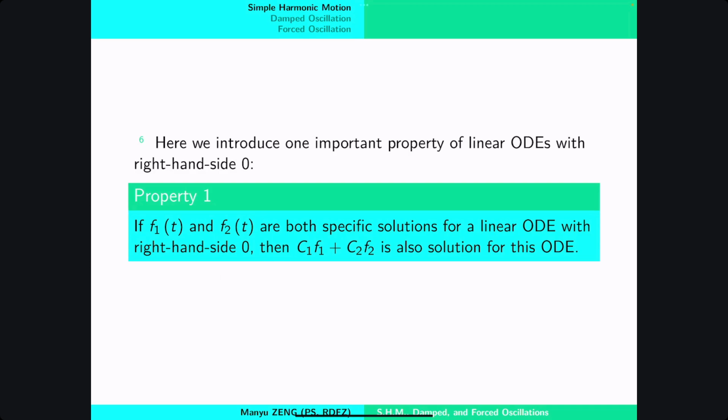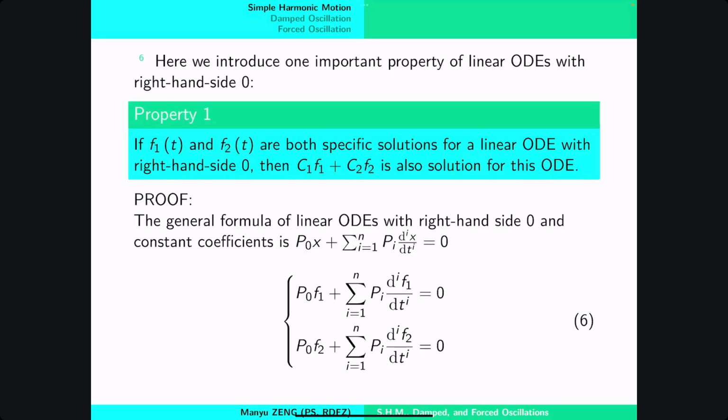So c1 and c2 are arbitrary constants. You can choose c1 and c2 arbitrarily and independently, and the solution you get is also a solution for this ODE. So here we give a proof.